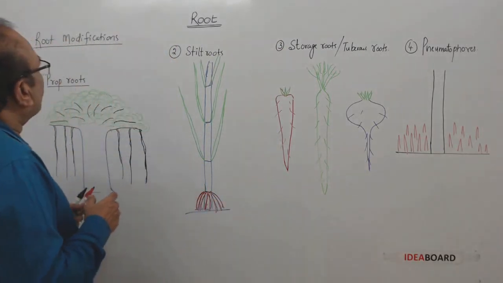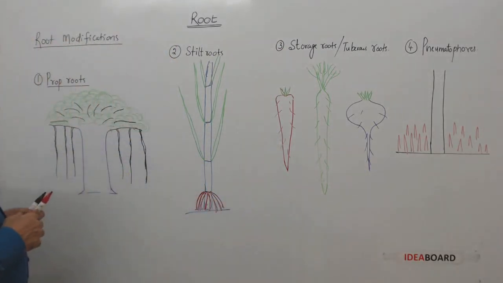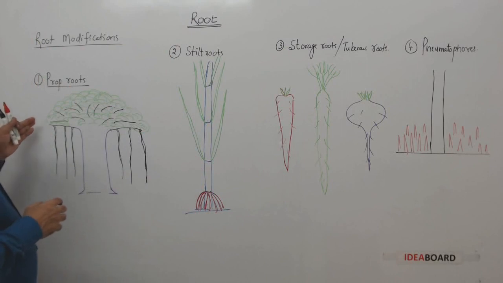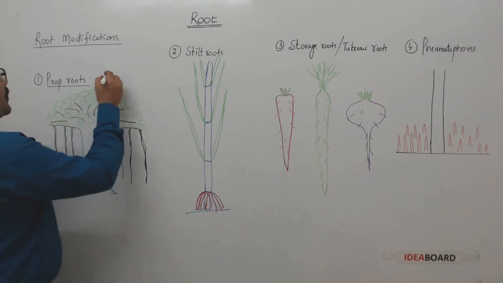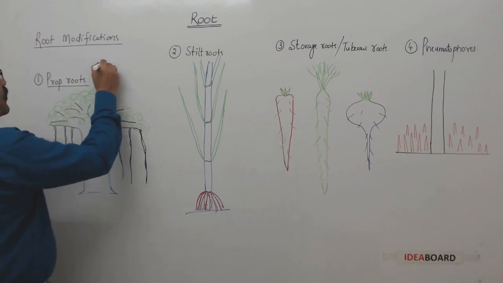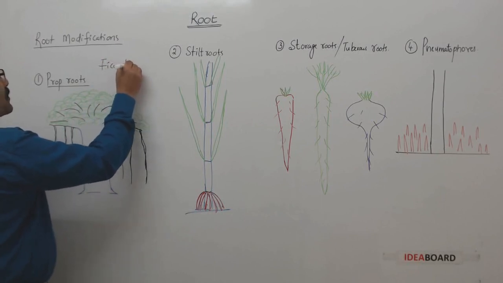Okay, let us say some of the root modifications, like what? Prop roots. So we are familiar with the banyan tree. Its scientific name is Ficus bengalensis.